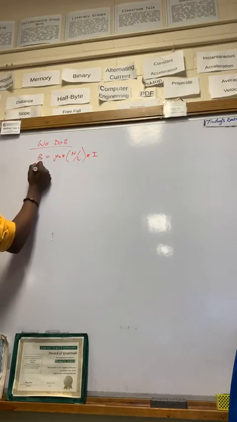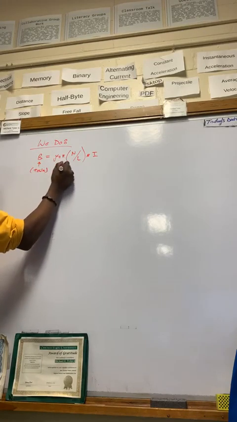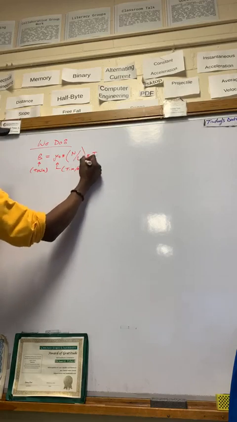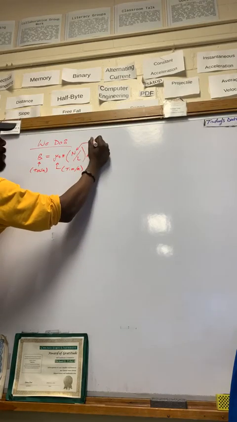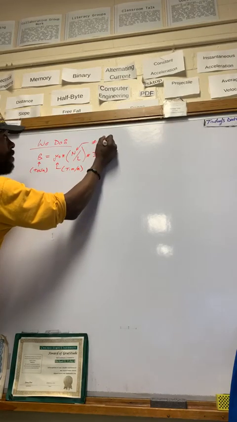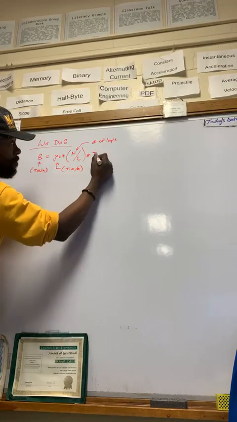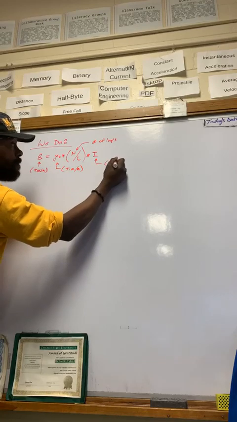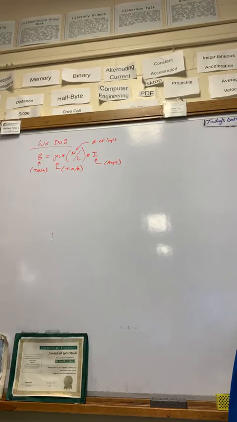This is measured in Tesla, and mu naught is in Tesla meter per amp. N is the number of loops, and I is current, in amps.